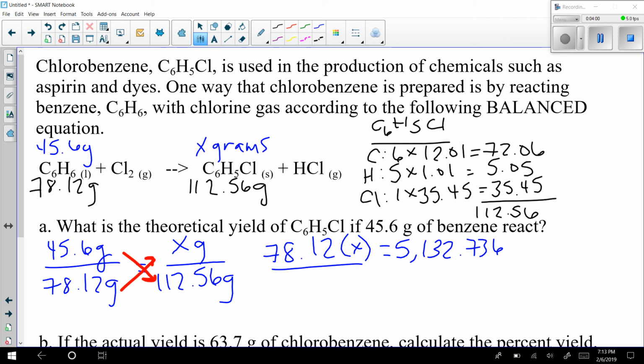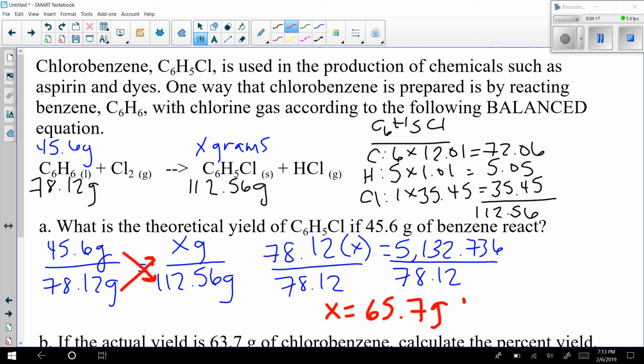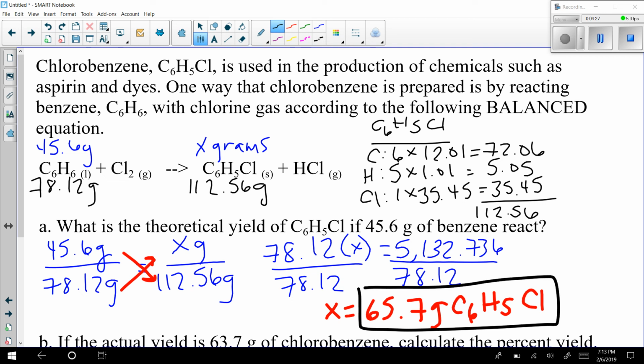Now to solve for X, we divide both sides by 78.12. And that gives us X equals 65.7, which has 3 sig figs, which is what we want, grams of C6H5Cl. And that is our theoretical yield when our mass of benzene, which is 45.6 grams, reacts.